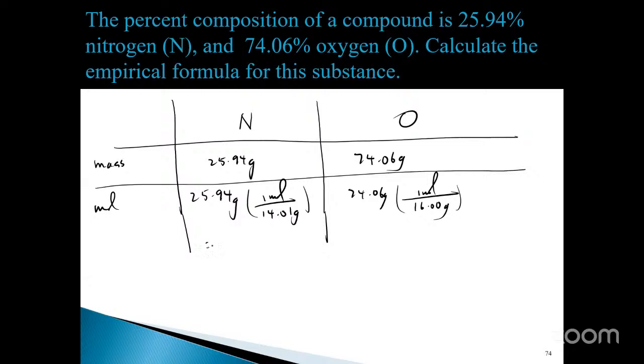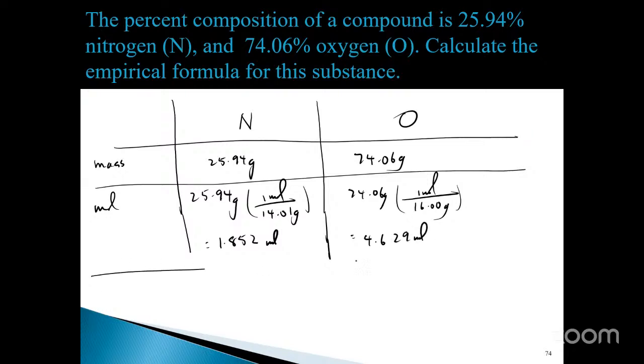Firstly, for the nitrogen, 25.94 divided by 14.01. According to my calculations, the answer rounded off to 4 sig figs would be 1.852 moles. And in the case of oxygen, 74.06 divided by 16, according to my calculations, is 4.629 moles, right?